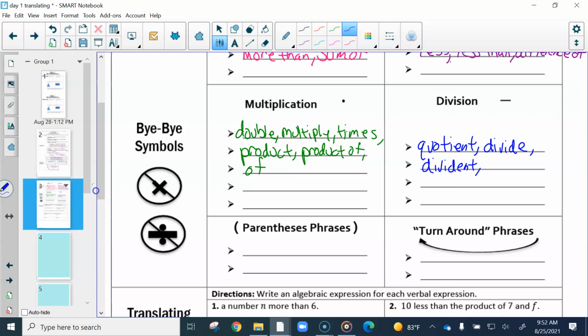Fractions are usually division, so we'll just say they are division.